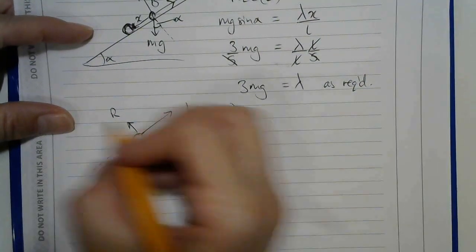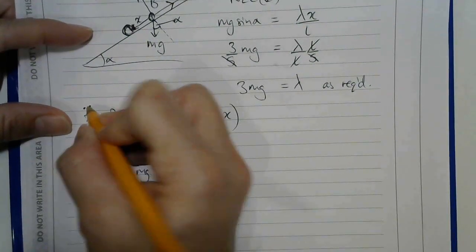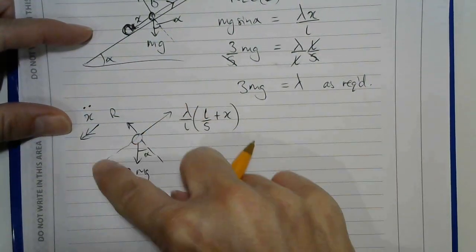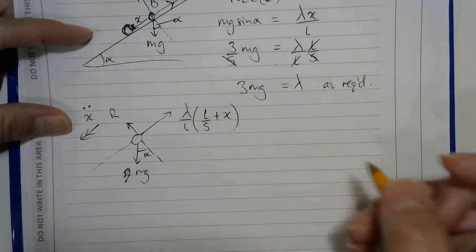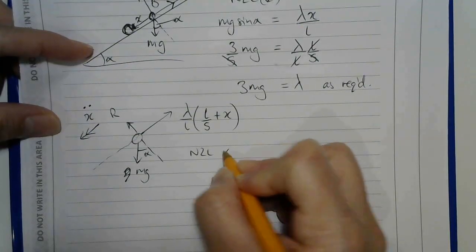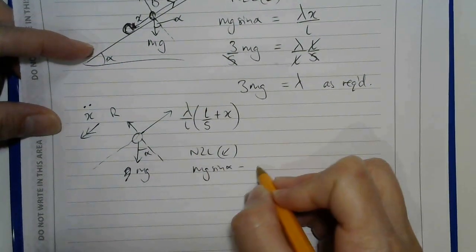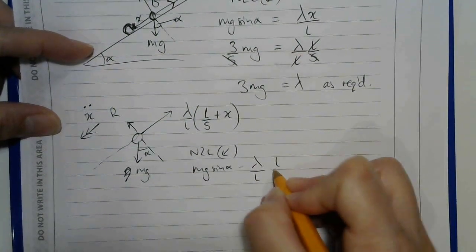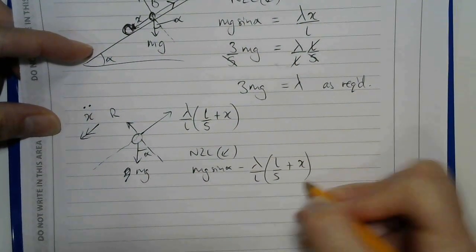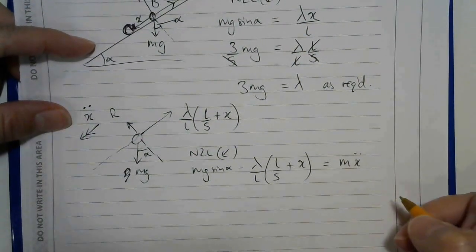So this time there will be an acceleration, and as x is measured down the slope, x double dot will also be measured down the slope. So using Newton's second law down the slope, I have mg sine alpha minus lambda over L, L over 5 plus x, equals the mass, which is m, multiplied by the acceleration, x double dot.